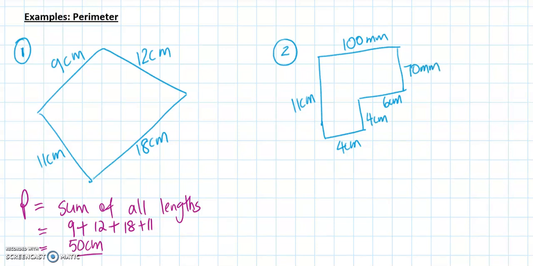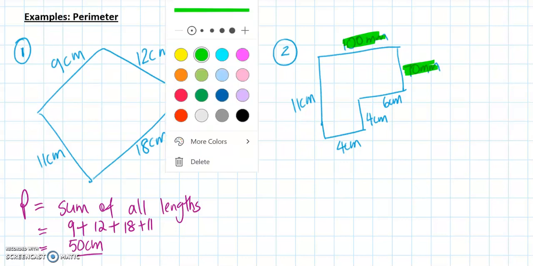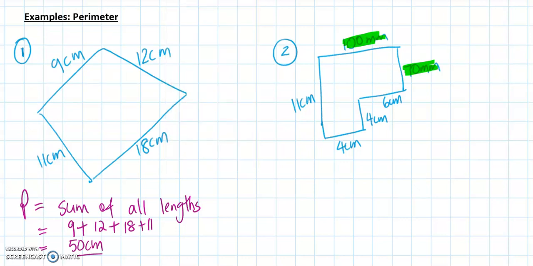If you notice, there's two of these measurements that are in millimeters, and then we have 1, 2, 3, 4 of them in centimeters. So you can either convert all of them to centimeters, or you can convert all of them to millimeters.